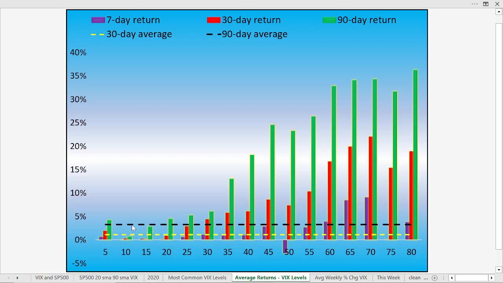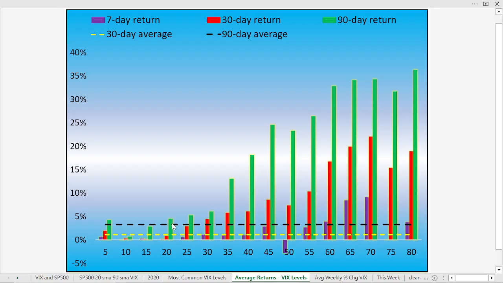If you hold it for the next 90 days, a quarter of the year, you make on average 3.2%, which makes sense because the S&P 500 on average will make around 10 or 12% for the year, sometimes a little bit more or less. However, if we wait for those particular moments when the VIX is at certain levels, the data shows us that we can expect to make sometimes a significant amount more.